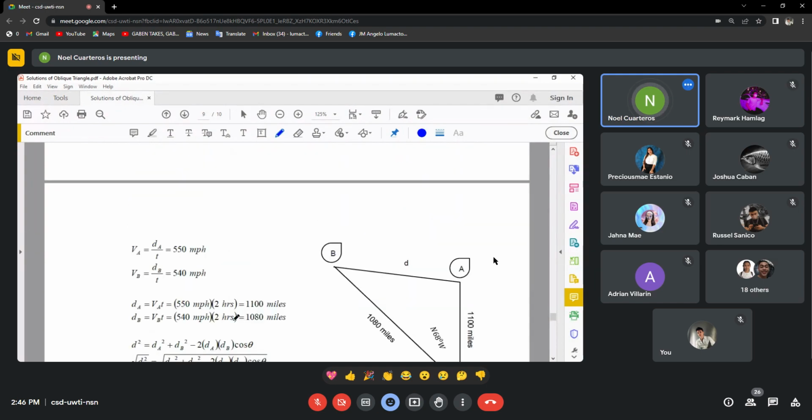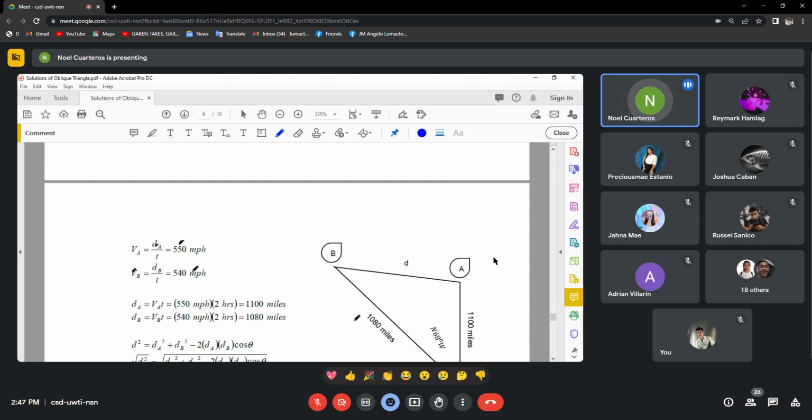So first, velocity of airplane A would be equal to the distance of airplane A with respect to time, which is 550 miles per hour. For velocity of airplane B, it would be equal to distance of airplane B with respect to time, which is 540 miles per hour.